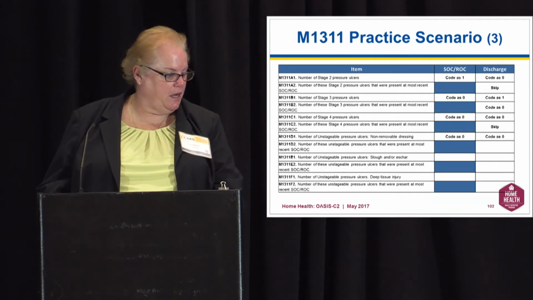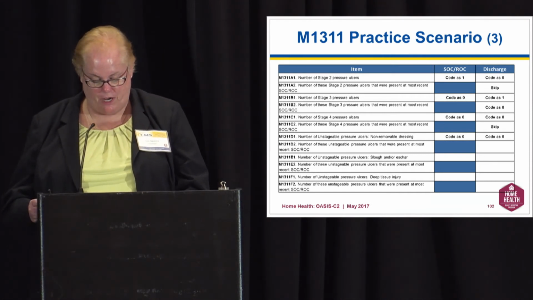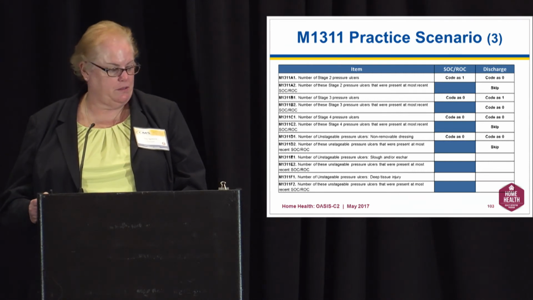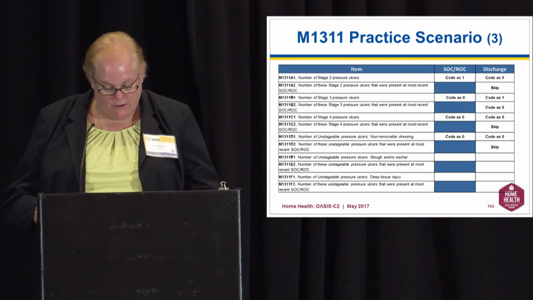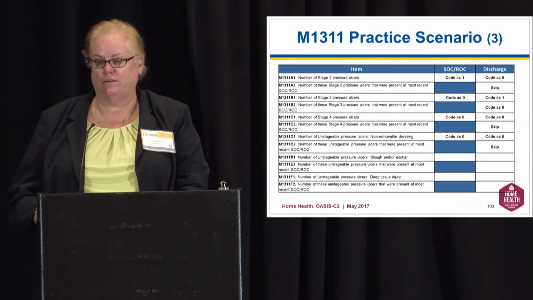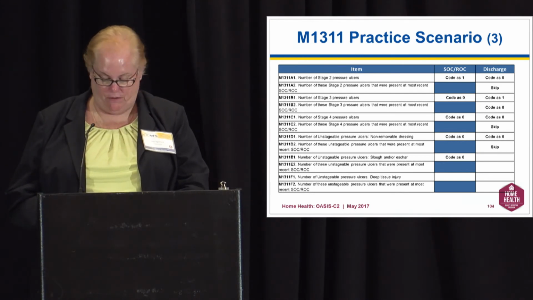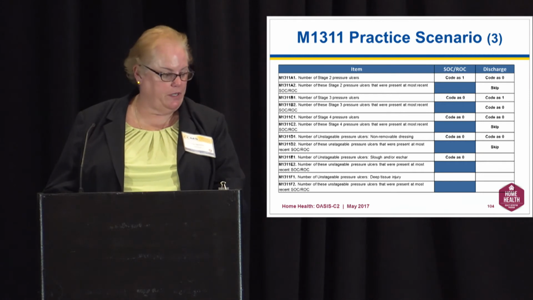Okay. And then how many were present at the most recent SOC/ROC? 0, or skip on that one. Okay. Now, number of unstageable pressure ulcers due to slough or eschar at the SOC/ROC? Correct, 0. Now, how about at discharge? 1, correct.